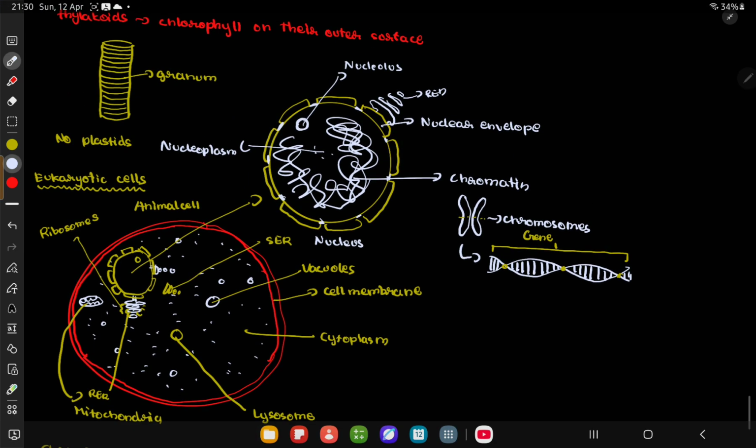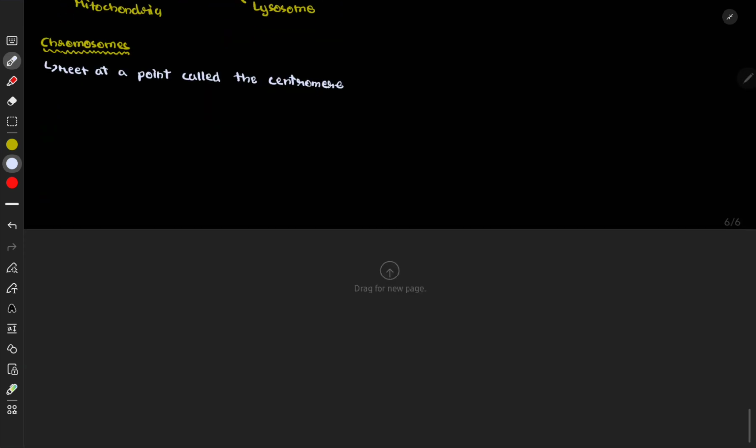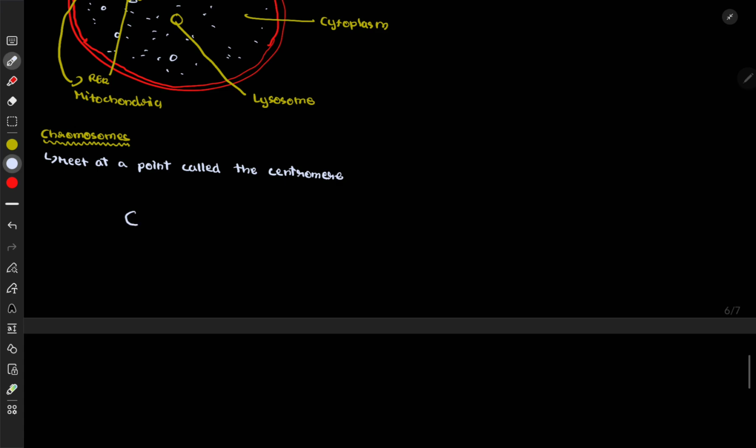The position of the centromere can classify the chromosome. Let's say you draw this chromosome like a simple X, and the centromere is here.